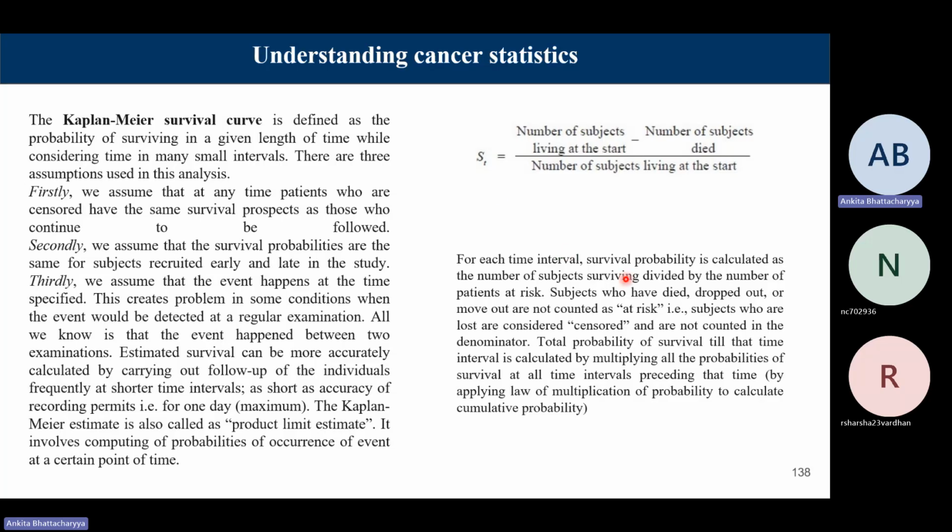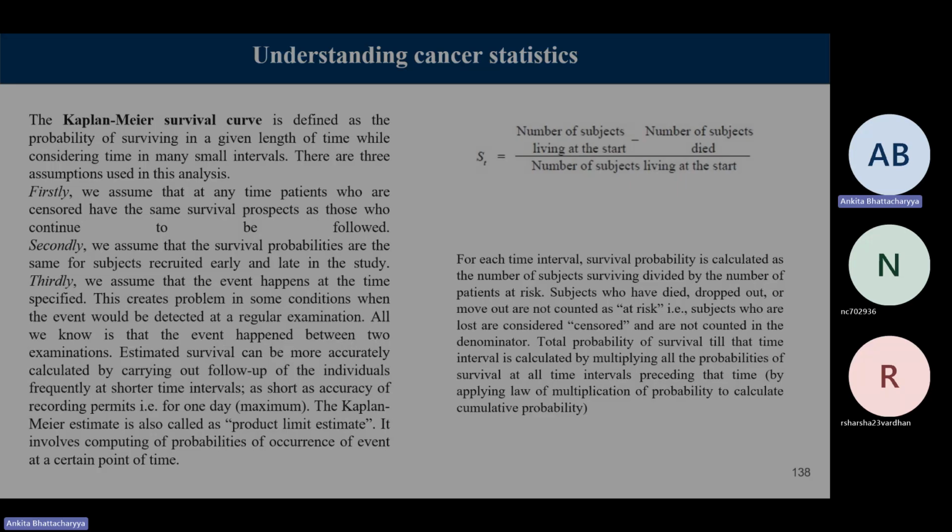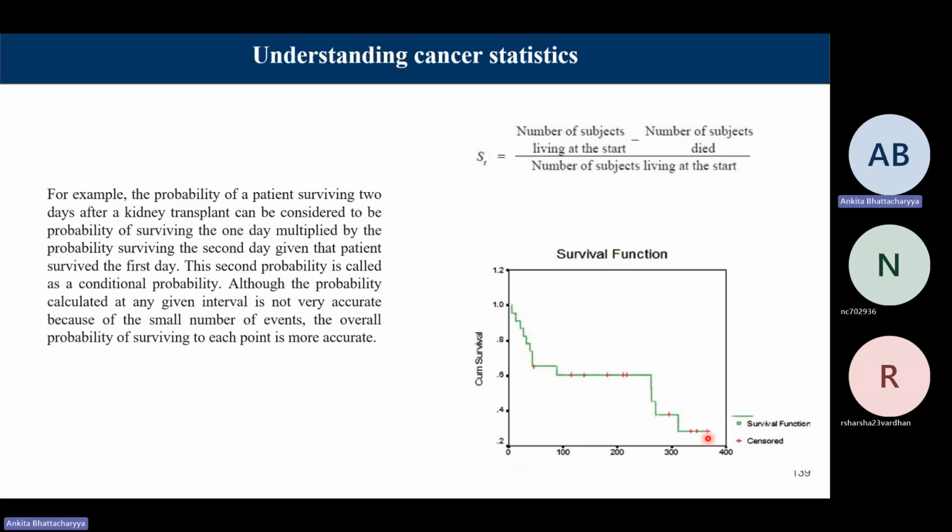How is the plot generated? First, let me quickly show you the plot. This is what it overall looks like. This shows you the cumulative survival of patients, and this is the time. Over a period of time, what is monitored is how many people are surviving and what the cumulative survival of patients is over that period.